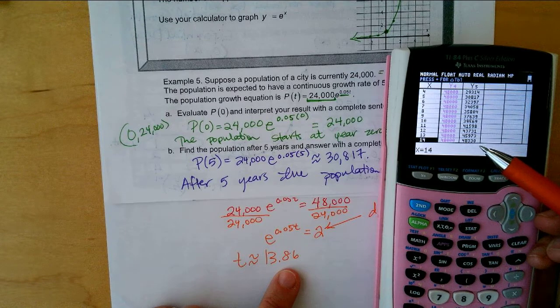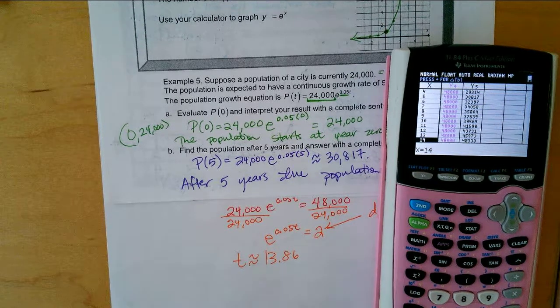At 14, my population is 48,330. So that's just one way. We haven't learned about logarithms yet, but you could still use your calculator to help you solve. Does that make sense how I did that? Okay. Any questions?